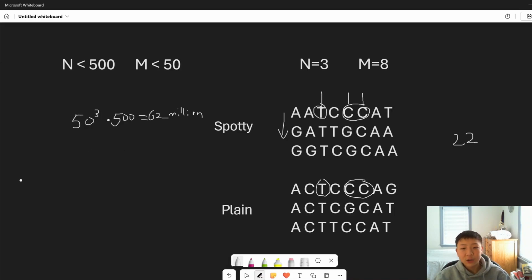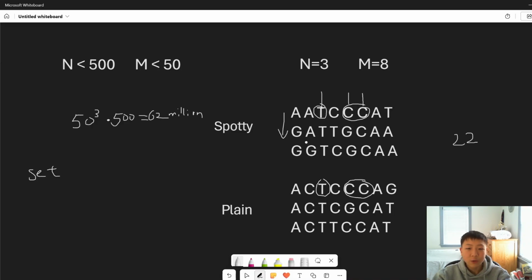So how do we actually check if the spotty overlaps the plain, or if any 3 indexes in spotty are the same as the genes in the plain? Well, we can achieve this by making a set. So we're going to keep a set every time we're looking at the spotty gene. So, for example, if we choose these three indexes, we first have TCC.